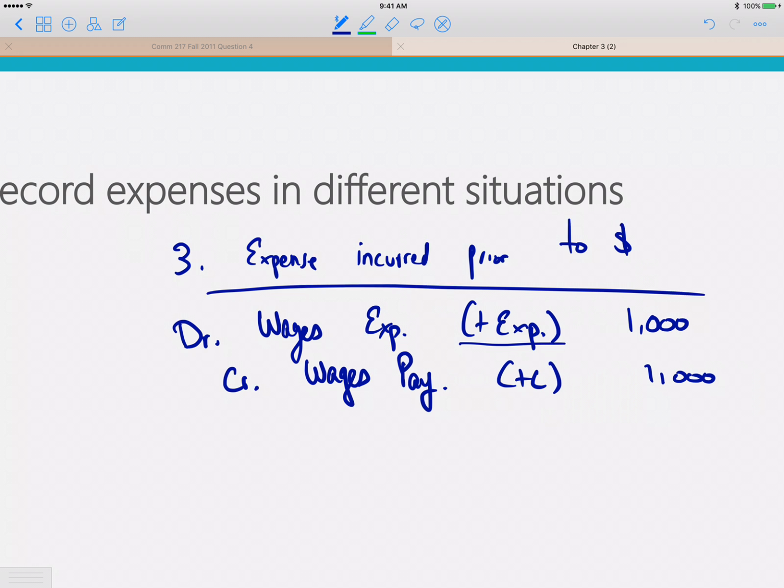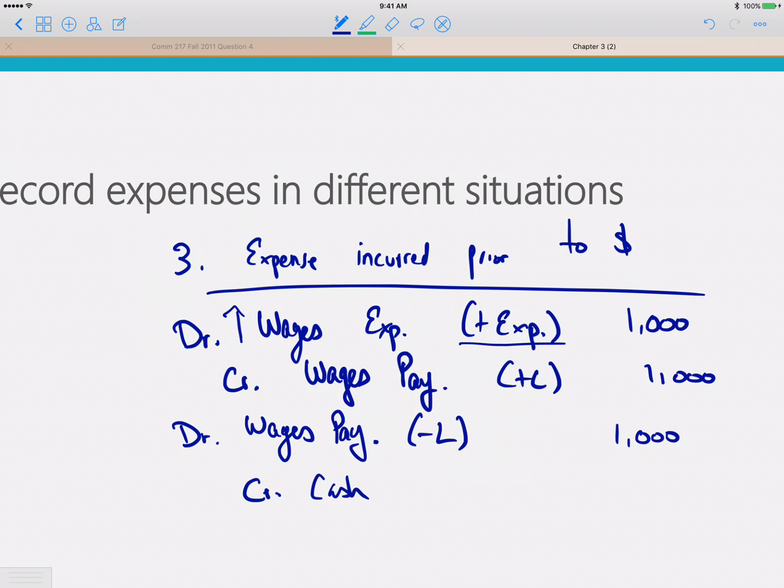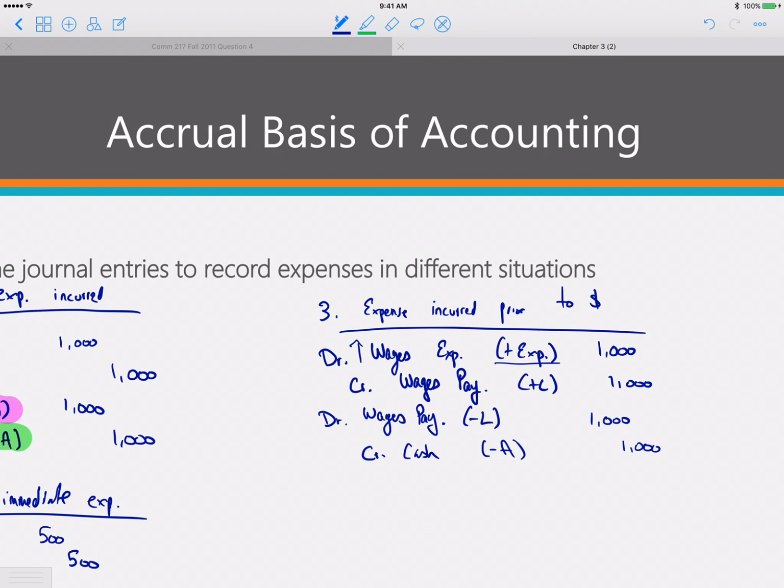Their expenses have gone up and their net earnings have gone down, but they haven't spent a penny yet. Then when it comes time to pay you on payday, they would decrease wages payable. So it's a decrease in liabilities. And they would do this by paying out cash through their payroll, and they would decrease cash.